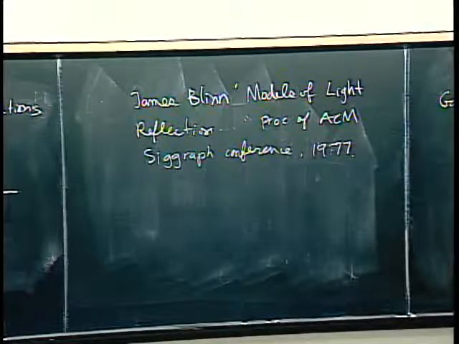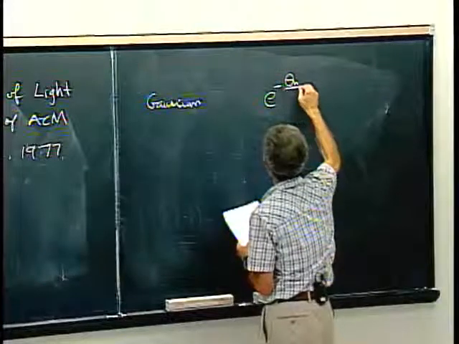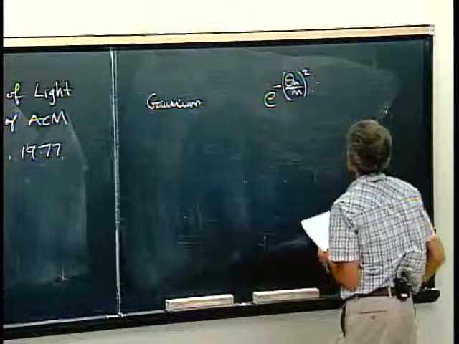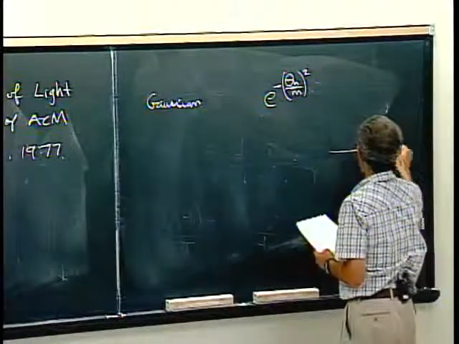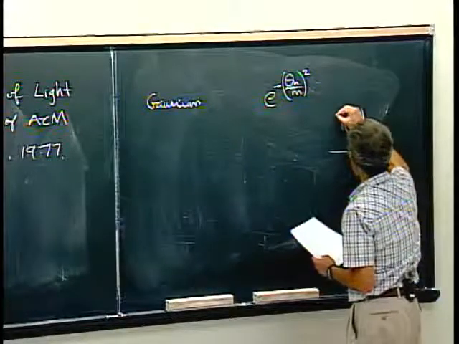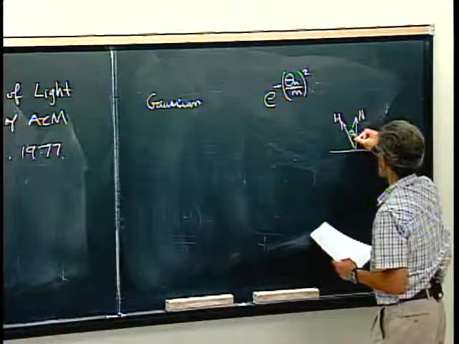which is just e to the minus, I guess I called my angle away from the normal of the facet theta h. So here is the normal, and here is the facet normal, and this is the angle between them.